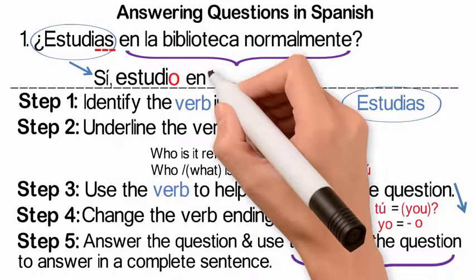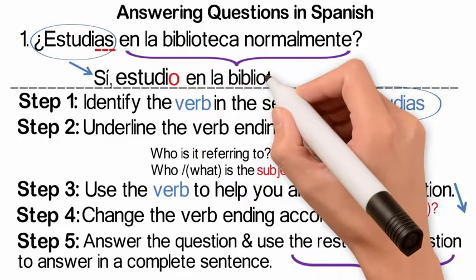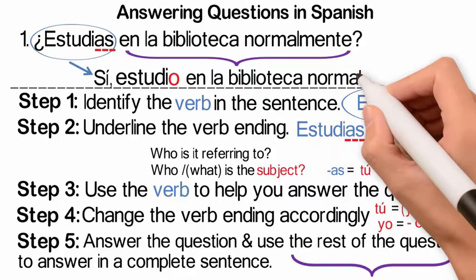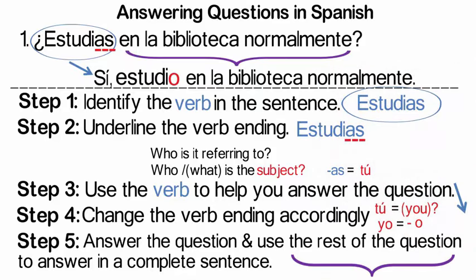In other words, rewrite the question. Bring down or rewrite the rest of the information in the question. And now you have an answer in a complete sentence in Spanish. Sí, estudio en la biblioteca normalmente.